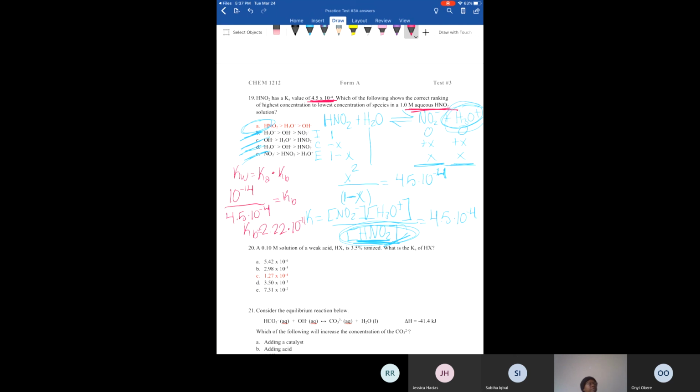Or actually, let me think of better things. Don't solve for your Kb. Remember the Ka of water. The Ka of water is 1 times 10 to the negative 7. So whichever one in the reaction has the greater Ka is the acid.